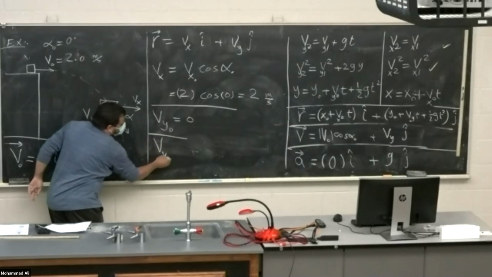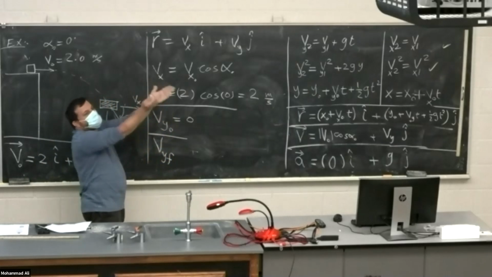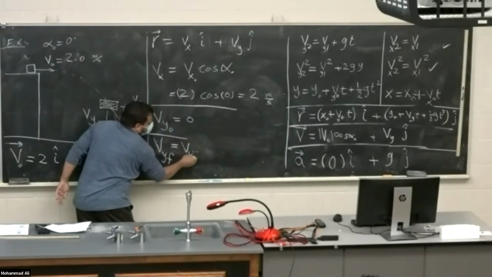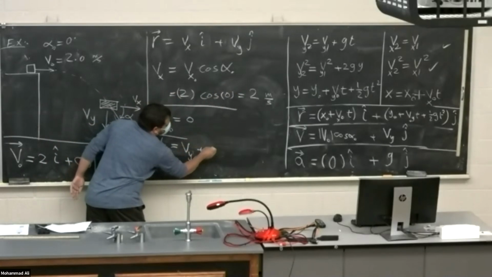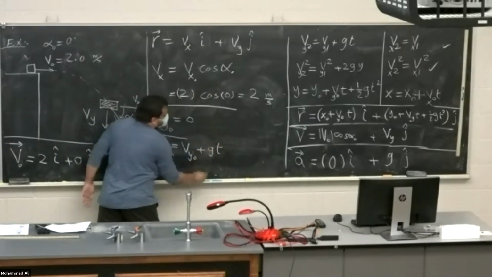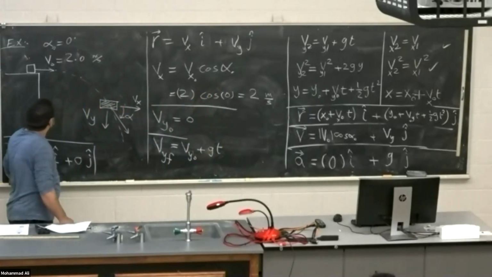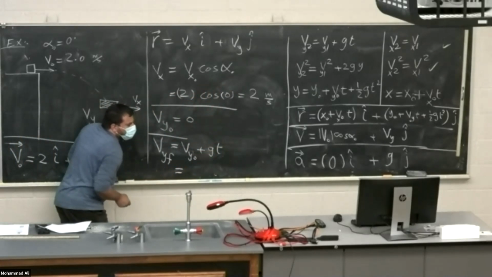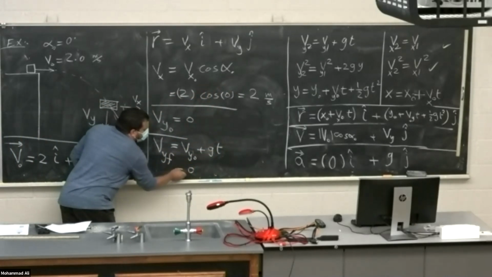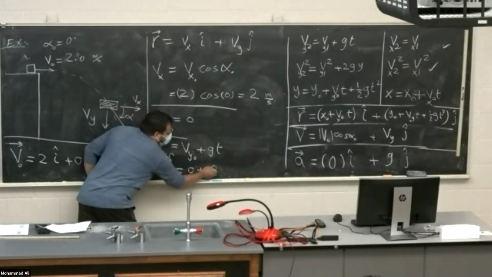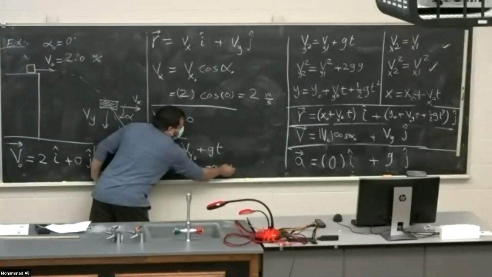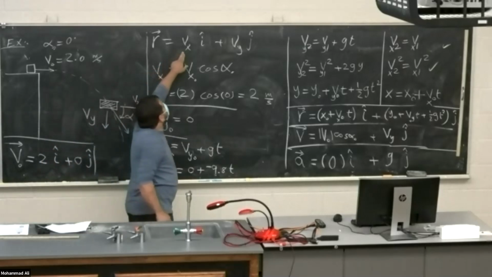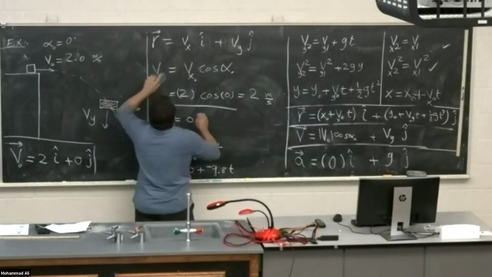Vy at a later time will be equal to Vy naught plus G multiplied by T. It is equal to Vy naught, which is 0, plus G, which is negative 9.8, multiplied by T. As a function of time, Vx is constant, it is just 2.